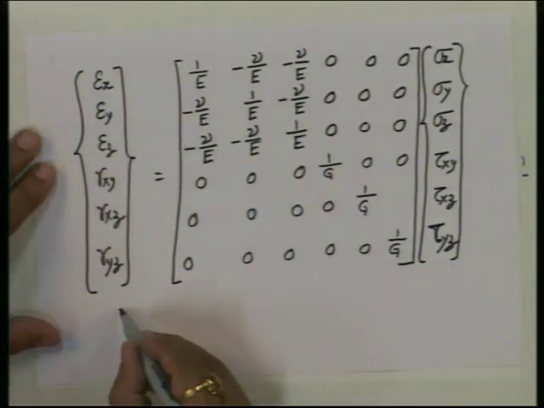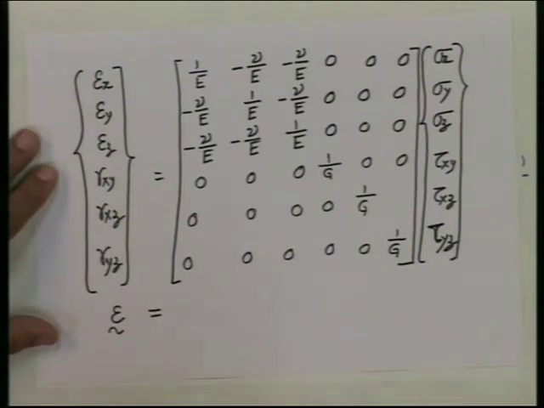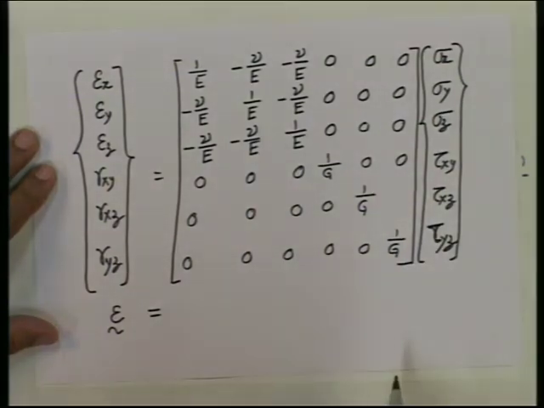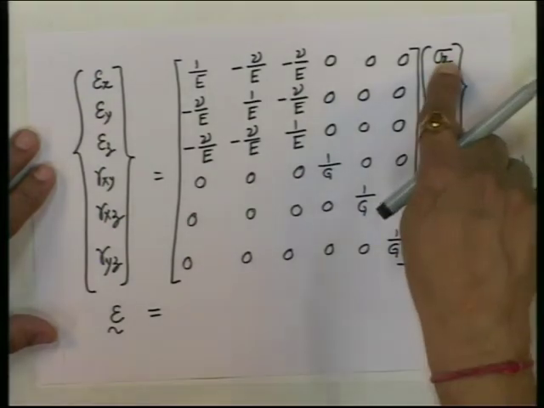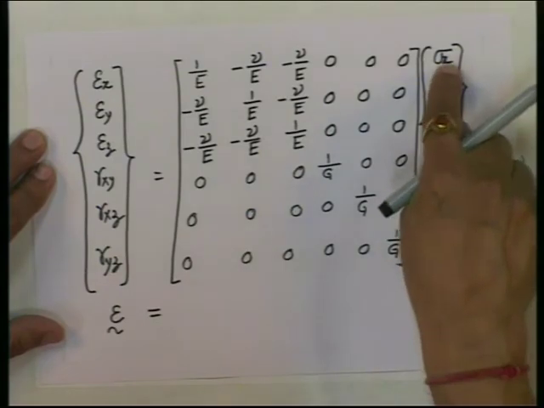If you denote this by a general strain vector of 6 by 1, this matrix is the compliance matrix. This is something like a flexibility matrix, flexibility for a unit stress. I will make all this 0 from y onwards and I will give sigma x unity.